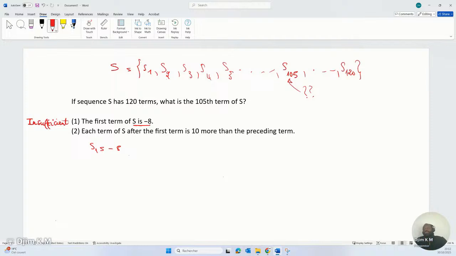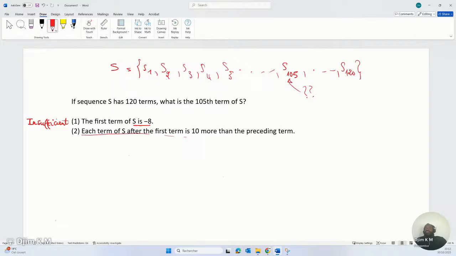If we ignore the first condition and only take the second condition alone, all it tells us is that each term after the first is 10 more than the preceding, but we don't know where to start.